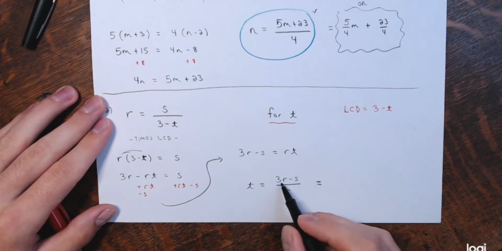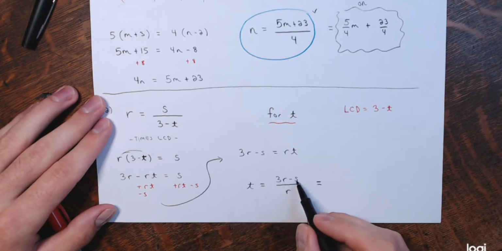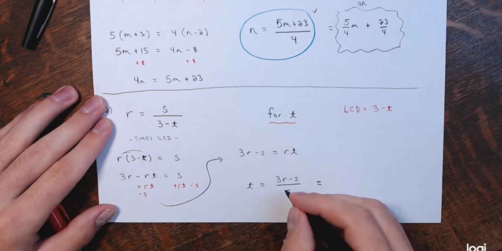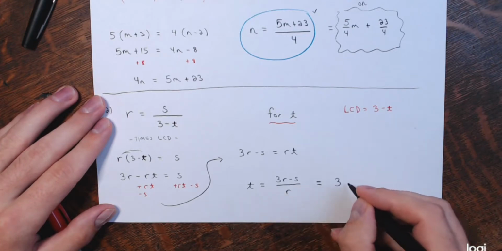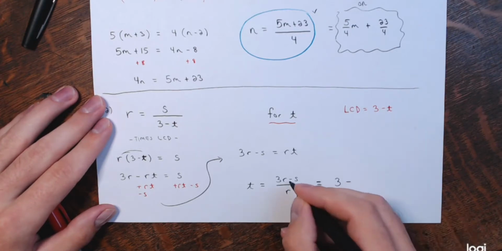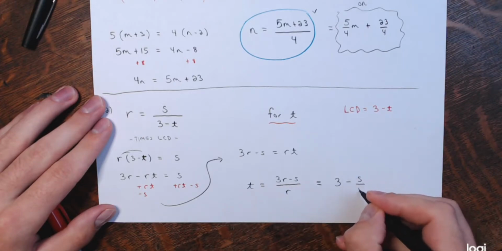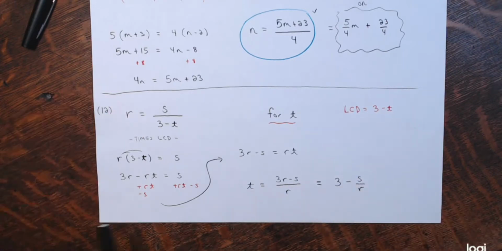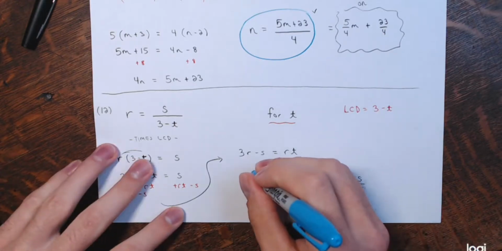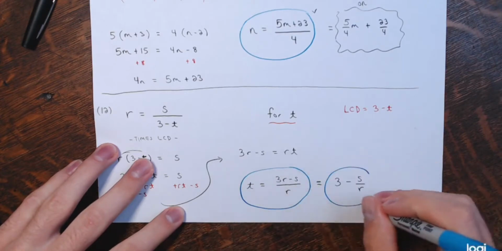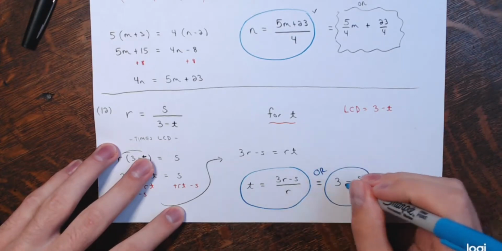The numerator has multiple terms, and if that's the case, you can divide each term in the numerator by the denominator. 3r divided by r would be 3 minus, and then s over r. Right? This is equally valid. So there's t solved for. You could also have t equals this expression too.